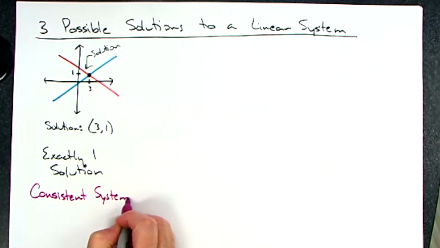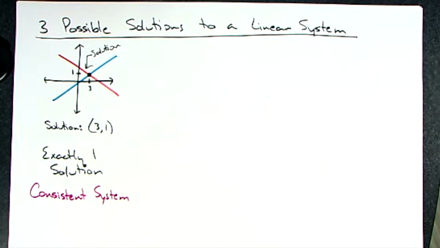So if it asks you to identify the type of system it is based on what type of answer you have or what type of graph you have, there it is. It's a new word. Obviously, teaching high school for 30 years, I had not seen this consistent system, inconsistent system until I looked at the college textbook.